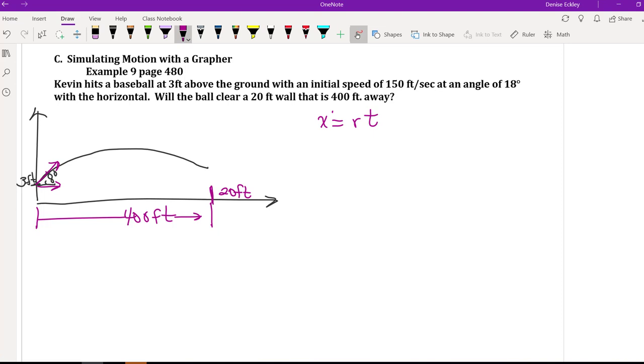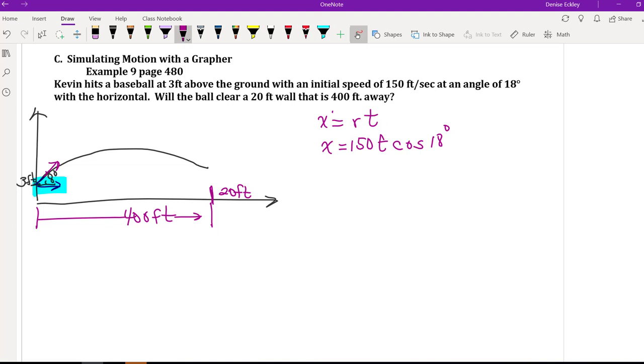So in this case, x is going to equal, the rate is going to be 150 times the cosine of 18 degrees, because that's the x component of the vector that we started with right here. And you need the time in there. Usually I put the t in front of the cosine, so I'm just going to rewrite that so it looks a little nicer. So you have 150 t times the cosine of 18.